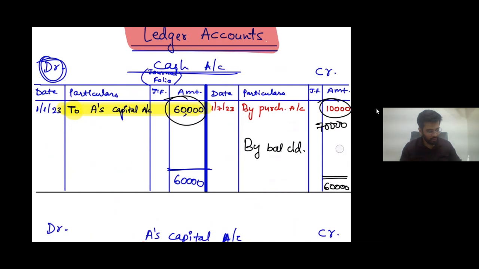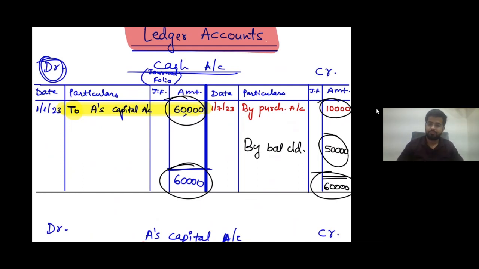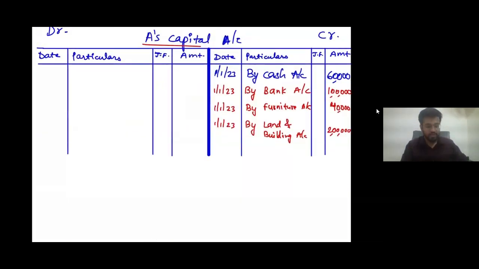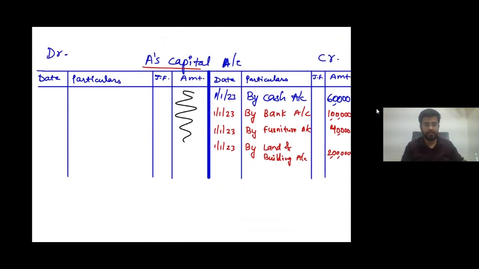So now what should we do? You have to remember that whichever side balance is higher, that will be the total on the downside, and the balance will come on the remaining part. Let's see here. Here you have nothing on the debit side in the capital account, because capital account is a credit item.